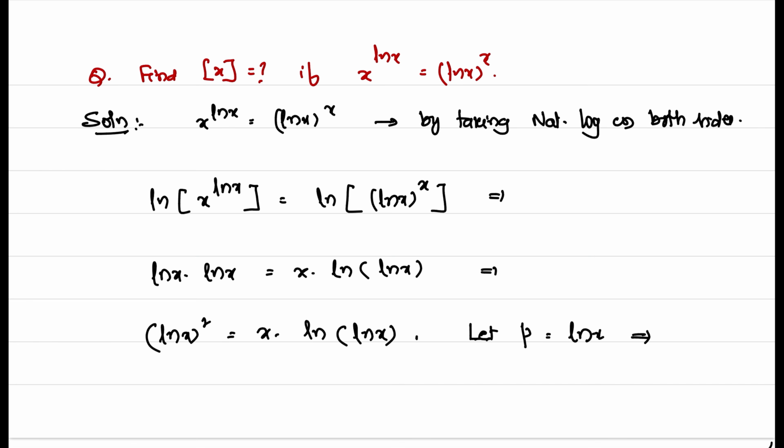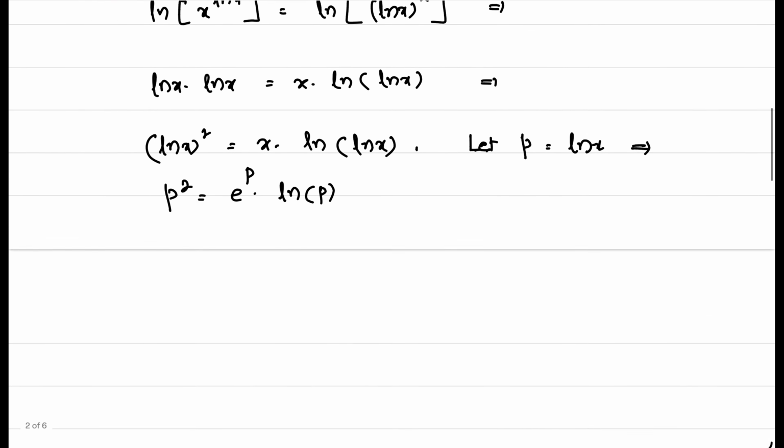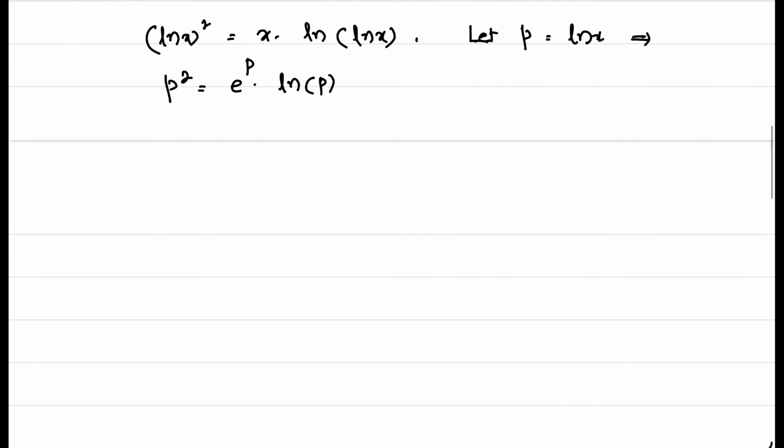That implies p square is equal to e to the power of p, since x is nothing but e to the power of p, into ln of ln x, which is ln of p. In a simplified form, p square is equal to e to the power of p into ln p.